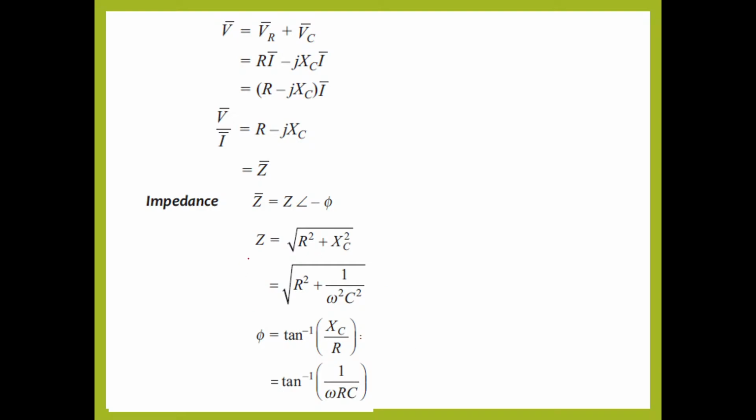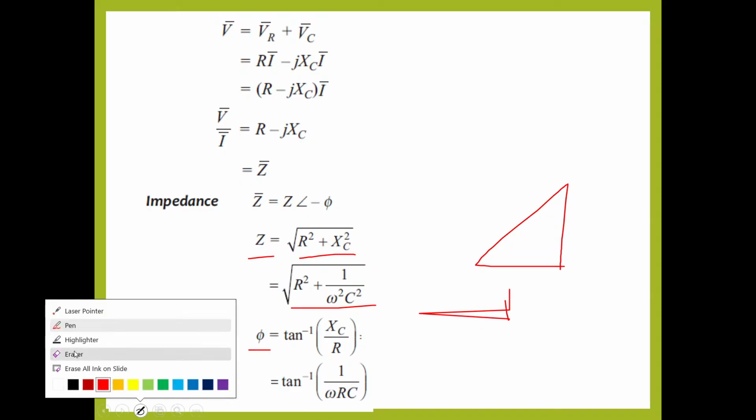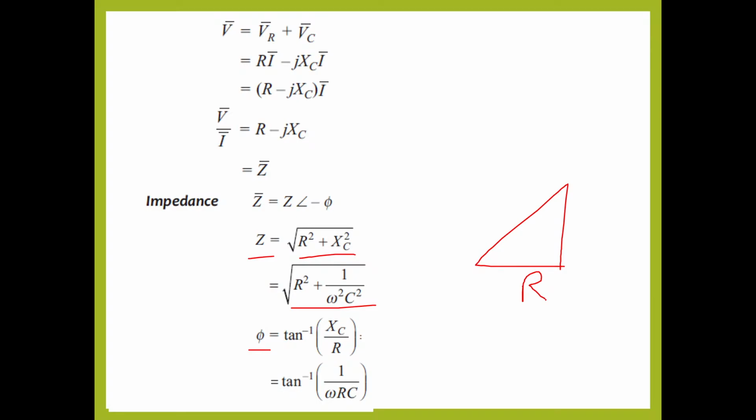So the magnitude of Z is root of R square plus XC square. XC is nothing but 1 by omega C, just substitute that. And phi equals tan inverse of XC by R. Why tan inverse of XC by R? From the impedance triangle, if this is R, this is XC, and this is phi, then this is Z. What is the phase angle? Not cos phi, simply tan phi, because here we are not determining the power factor.